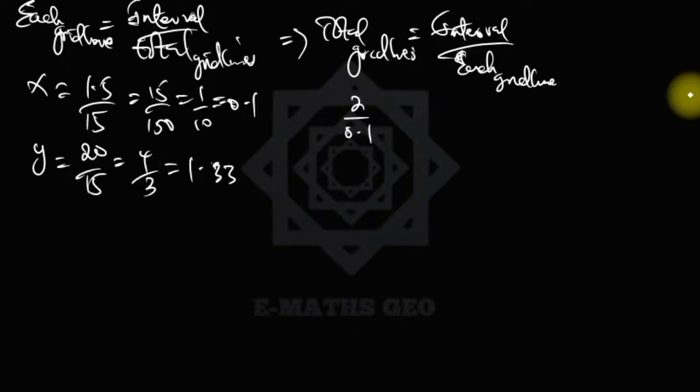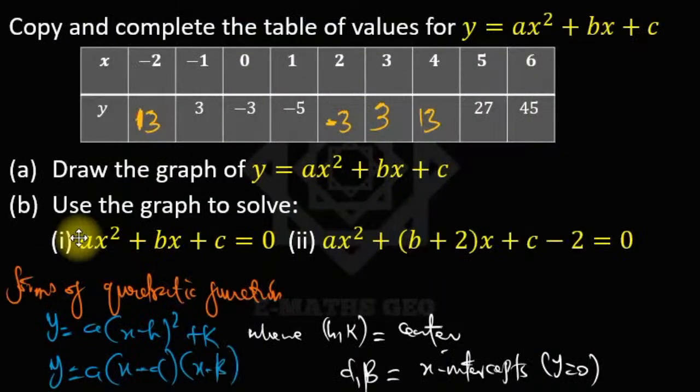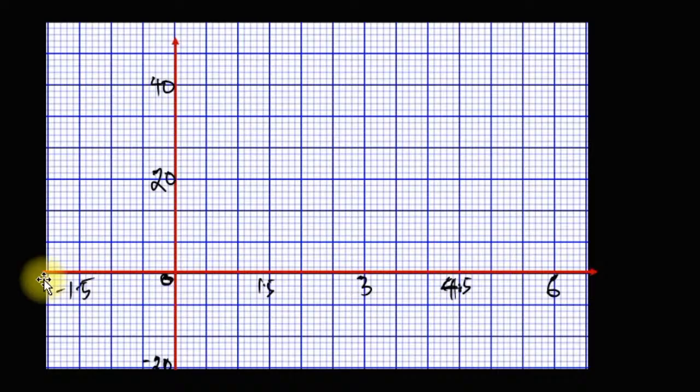So I have 20 grid lines. To locate 2, counting 5, 10, 15, 20, you see it? Here is 2. 5, 10, 15, 20, so it's there.